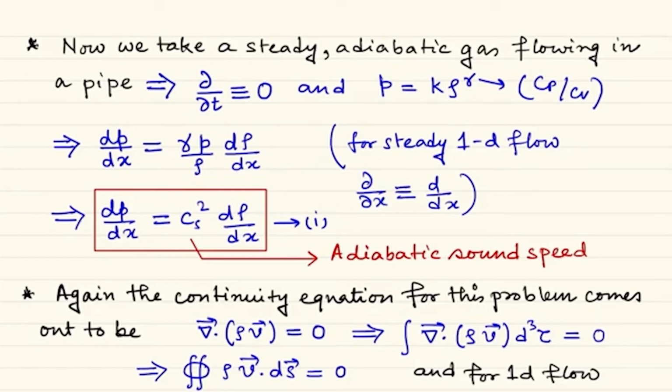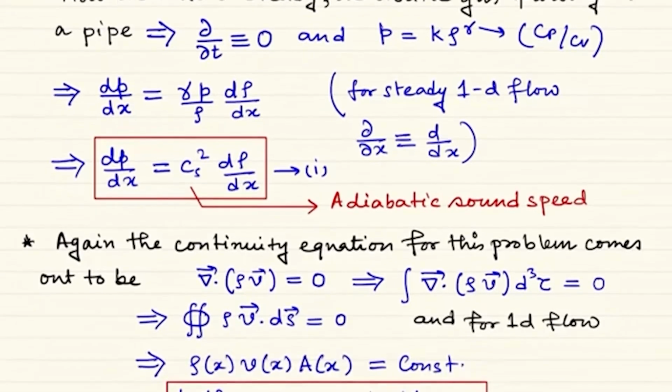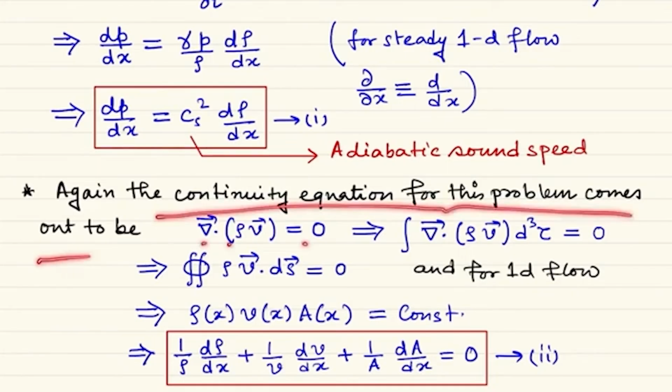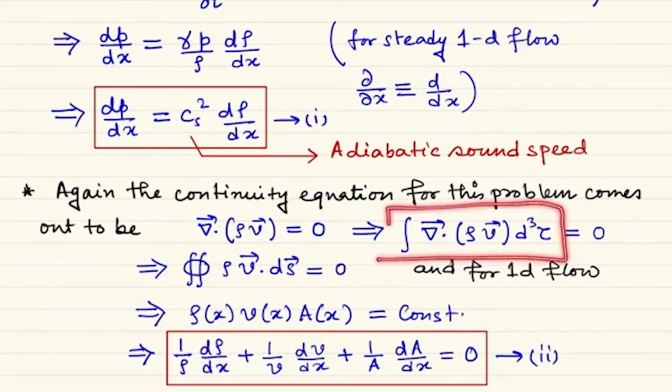Okay, so that is one equation of our interest. Now we also know that the continuity equation for this problem comes out to be divergence of rho v is equal to 0, and if you consider this integrated over the whole volume, this is also 0.